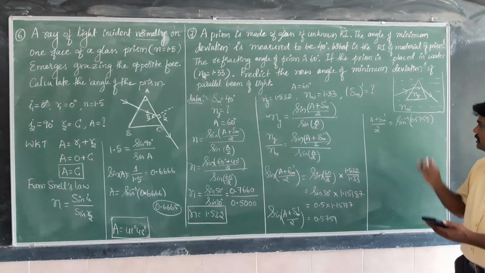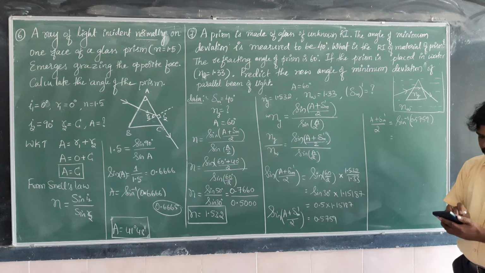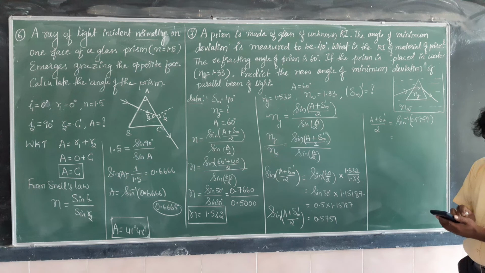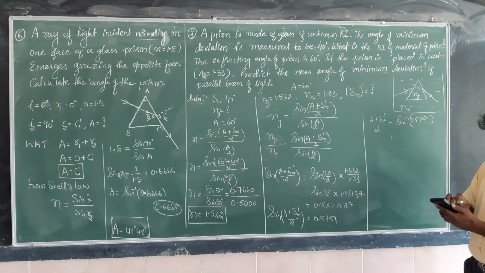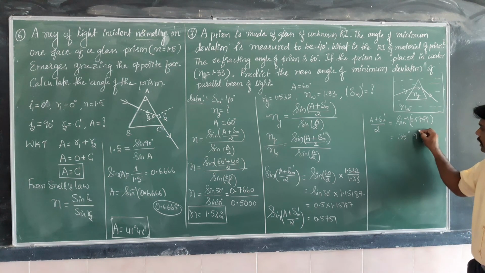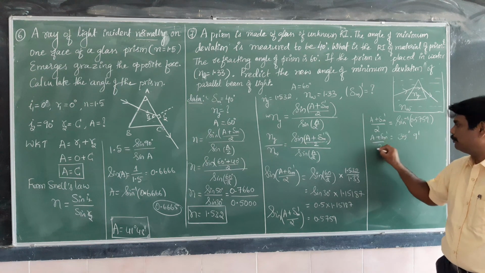After searching that value, you will get some degrees and minutes. Sine inverse of 0.5759 is equal to 35 degrees 9 minutes. This is for (A plus delta m dash) by 2.